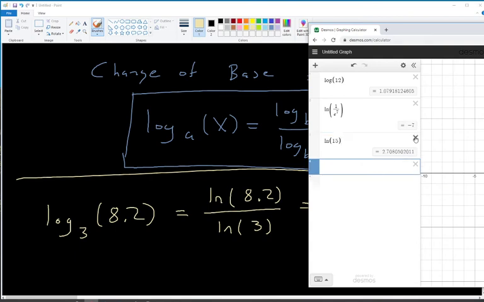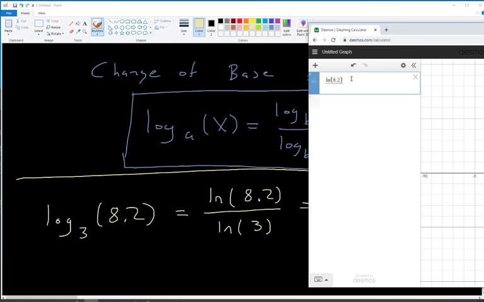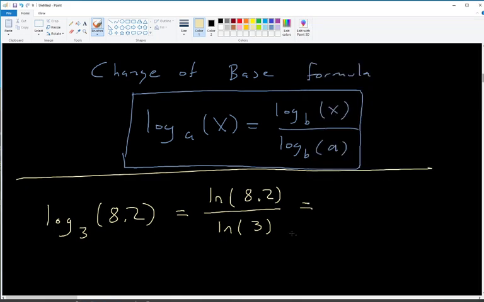So here, if we go through and do this, we could say it's natural log at the top. So natural log of 8.2. And then I divide that by natural log of 3. And this will be about 1.9153. This is about equal to that.